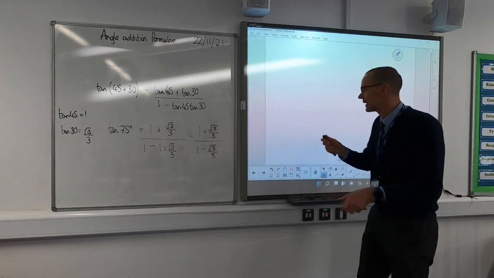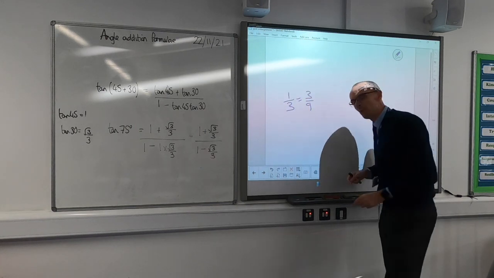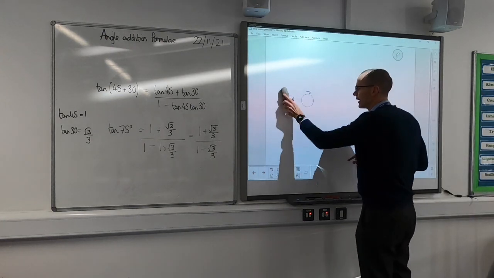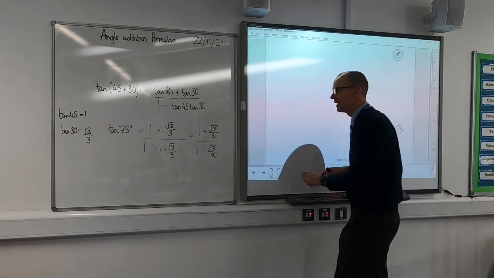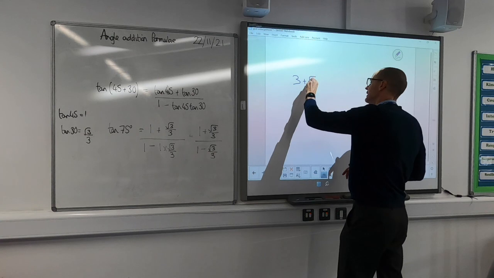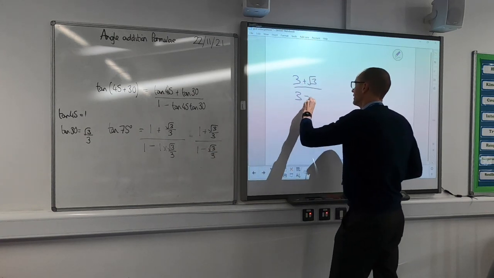We're multiplying the top and the bottom of the fraction by 3, so it's the same fraction. That becomes 3, that becomes root 3, that becomes 3, and that becomes root 3.